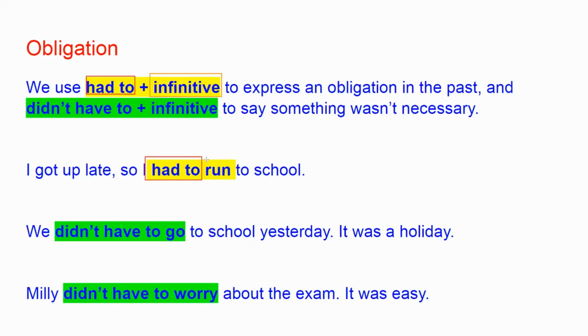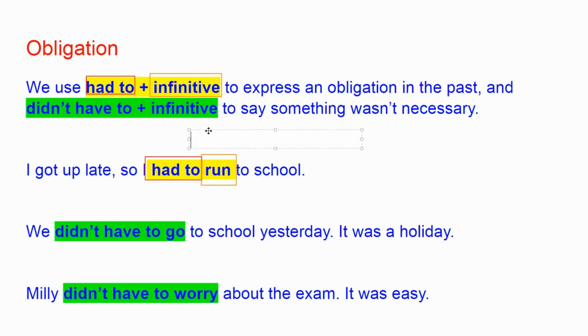So, recuerden, el infinitive es run, ¿ok? El verbo no se cambia. Run. Ustedes me van a preguntar, pero si el infinitive es con to, ¿por qué ya no le ponemos otro to? Porque ya está en had to, muy bien.